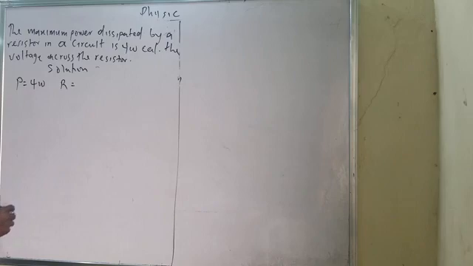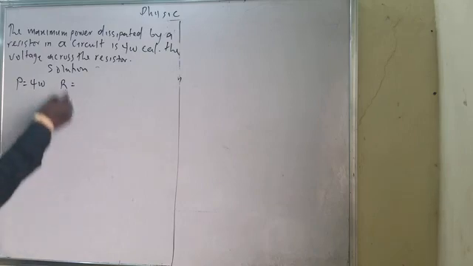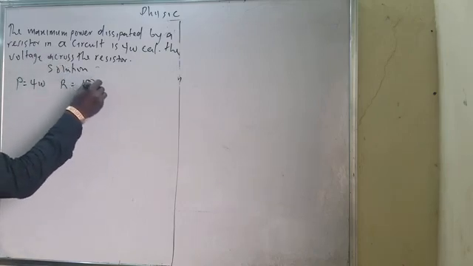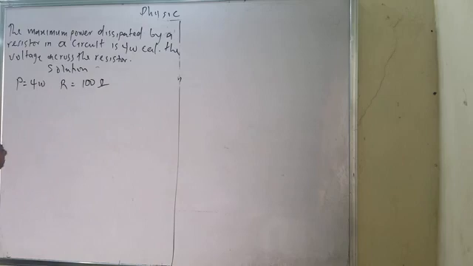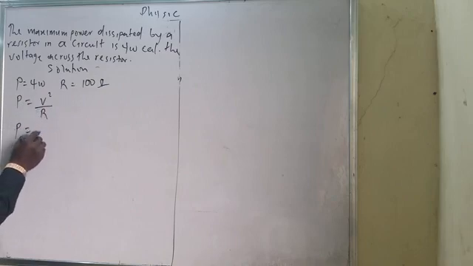What will be my resistor? It is the maximum resistance dissipated, it will be 100 ohms. Now it means my power equals volt squared divided by resistance.